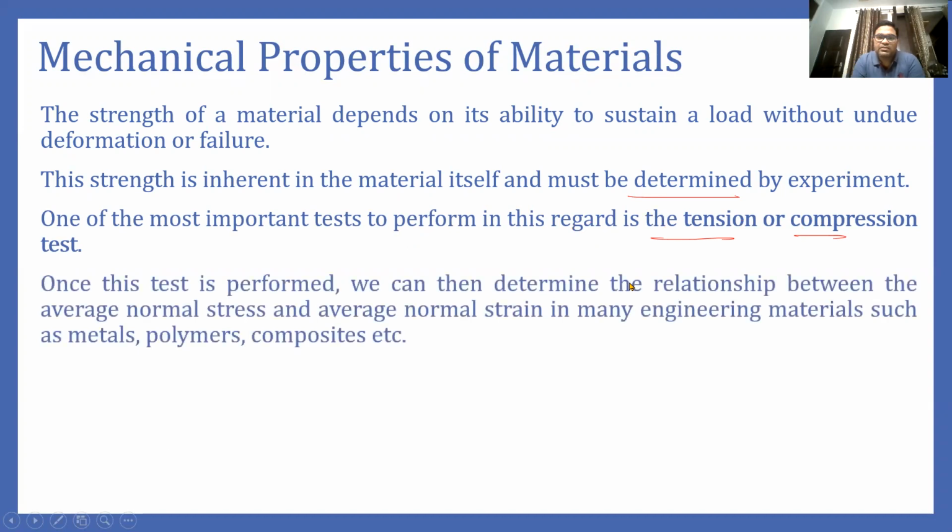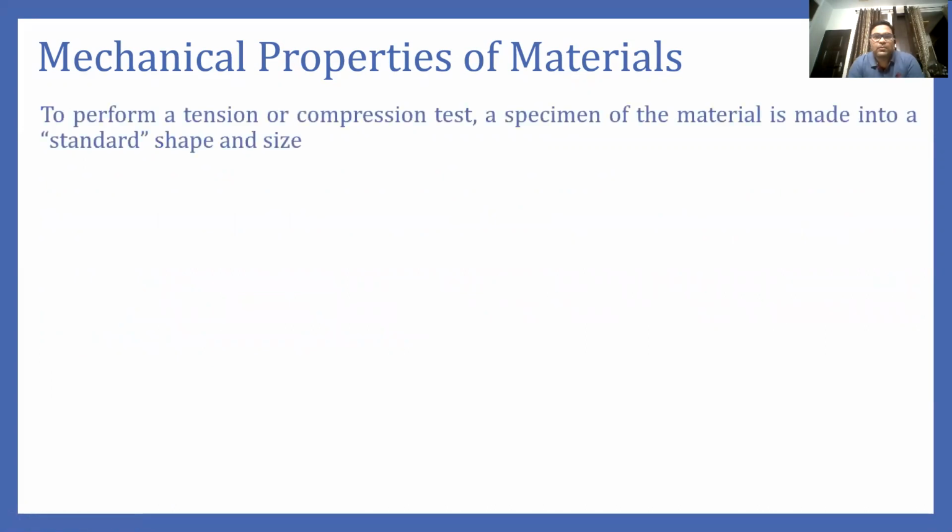Once we conduct this test, we can determine the relationship between the normal stress and normal strain by drawing a curve for many engineering materials such as metals, polymers, and composites. So by conducting this test, we can determine the stress and strain relationship for any engineering material. So here we will talk about the tension test.